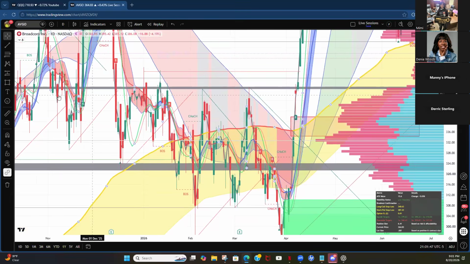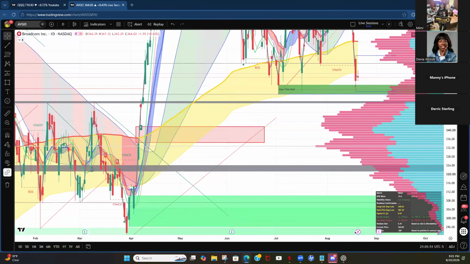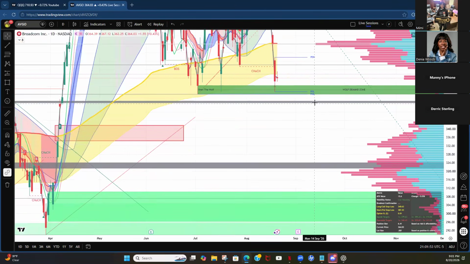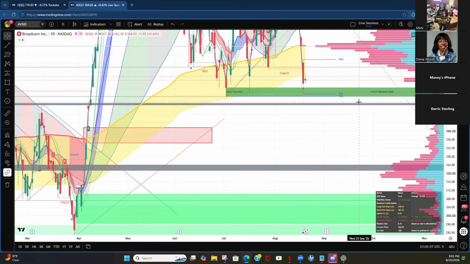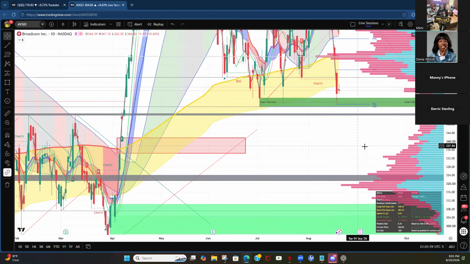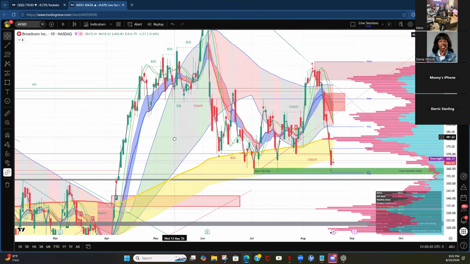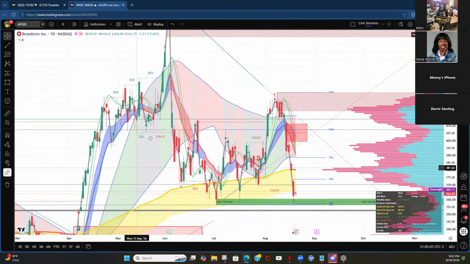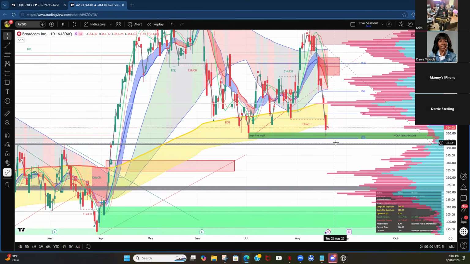So that's why I say always look to the left and look at the battle here. When we come full circle, you're going to want to see this hold as support. And it looks like they may be coming back to test it, because look at what we did. Once we finally broke it, we've been on a run with AVGO ever since. And so they're finally technically coming full circle.